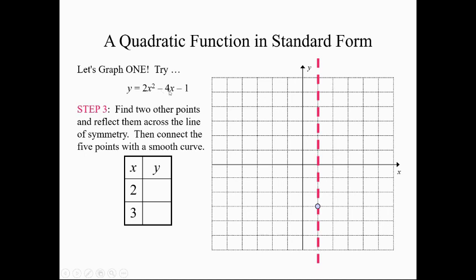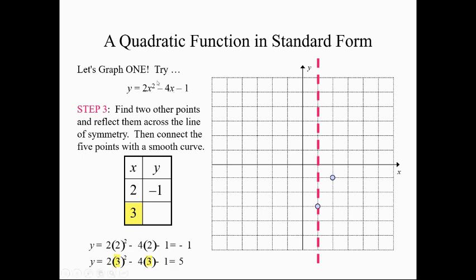Well, if I plug in 2, 2 squared is 4, times 2 is 8, minus 4 times 2, so that's 8 as well. 8 minus 8 goes away. I'm at negative 1. Then if I plug in 3 here, after I plot that point, 3 squared is 9, 2 times 9 is 18, minus 4 times 9, well, 4 times 9 is 36.